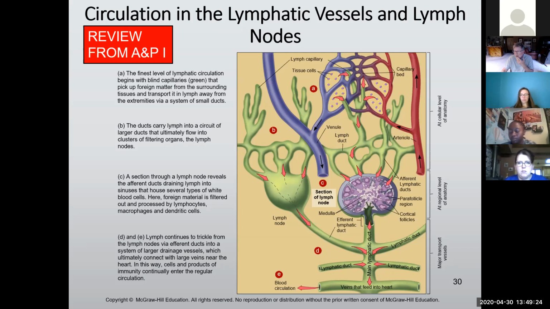If we see a bacterium coming through in the lymph fluid, those white cells can presumably take action and neutralize, kill that pathogen. Go back, if you need to, into your A&P1 notes, if you still have them, and maybe take a moment and review that, like I said, Tuesday.